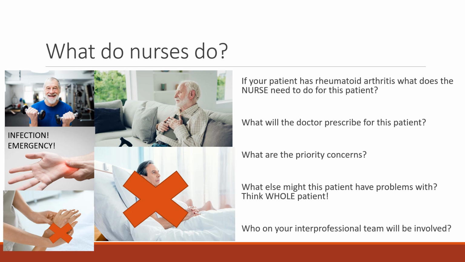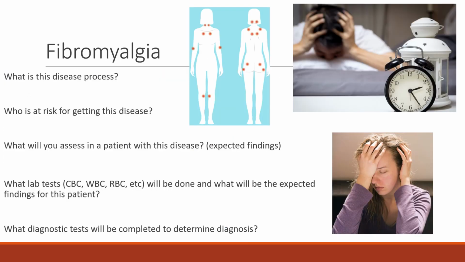Okay, let's move on to fibromyalgia, I think. There we go. Okay, so fibromyalgia is one of those diseases that we have to make sure that we treat it as a disease. And when I say this, it is a chronic pain syndrome due to the brain and spinal cord perceiving pain signals.